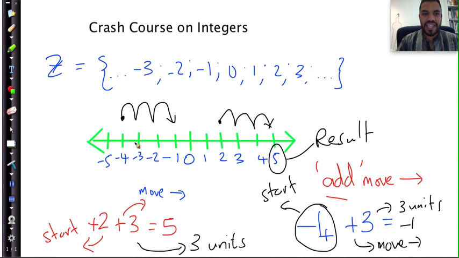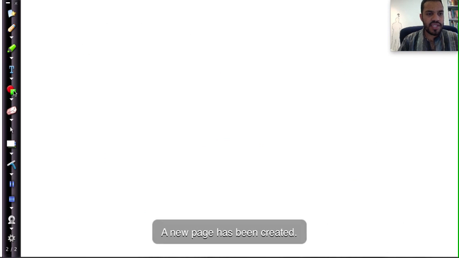Okay, so there's a basic idea of how we add integers, right? We start at a number, we move to the right, and we end up with something over there as a result. Now let me bring up a new page quickly and let's get another number line going. Draw this out, please.